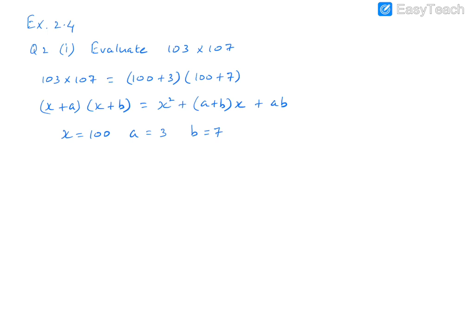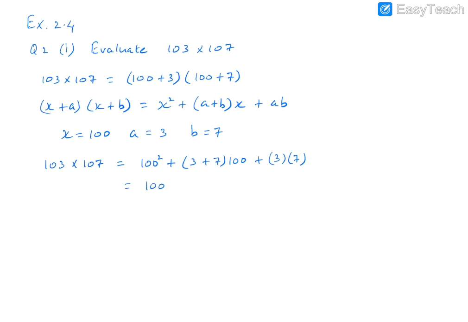So we can now substitute these values on the right hand side of the identity and get the answer that we need. So in place of x we have 100, in place of a it's 3, and b is 7. So we can write now 103 into 107 as x square, which is 100 square, plus (a plus b) times x, so 3 plus 7 times x, which is 100, plus a into b, 3 into 7.